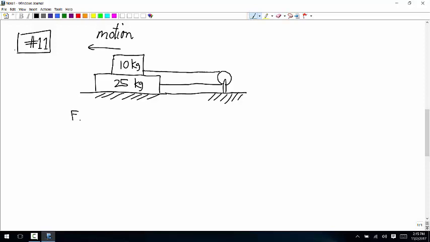Okay, so first, the free body diagram of the 10 kilogram box. There's a weight of 10 times 9.81, so 98.1. At the ground, there's a pushing contact. The 25 kilogram box is pushing up on the 10 kilogram box, so I'll call that N1.